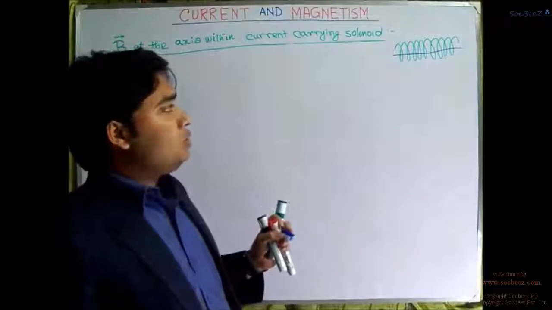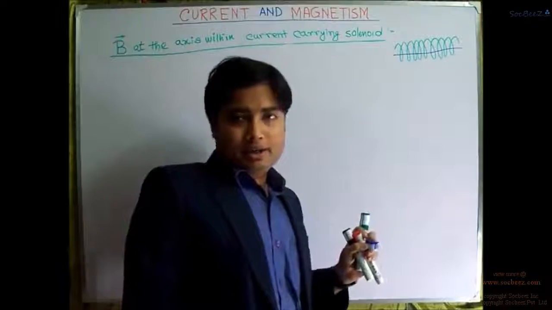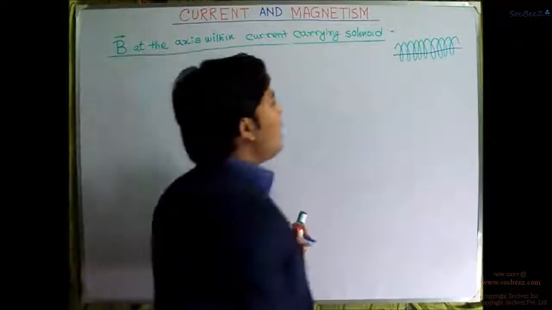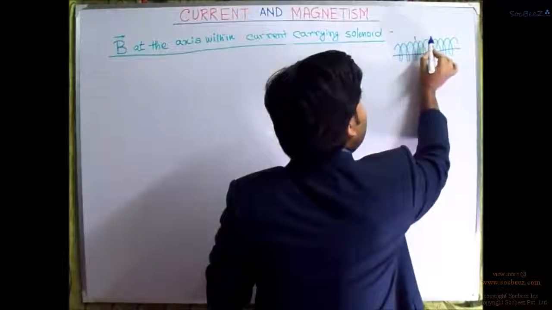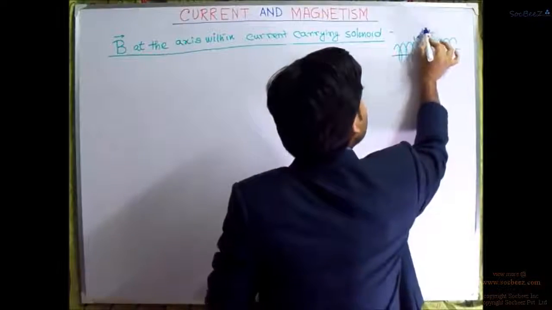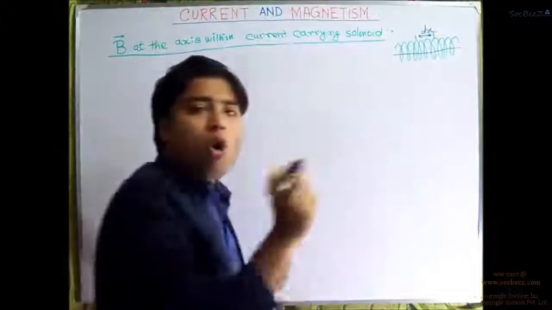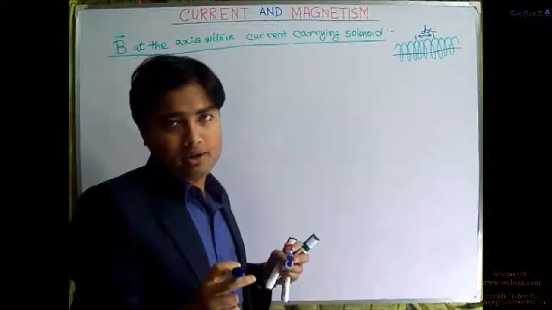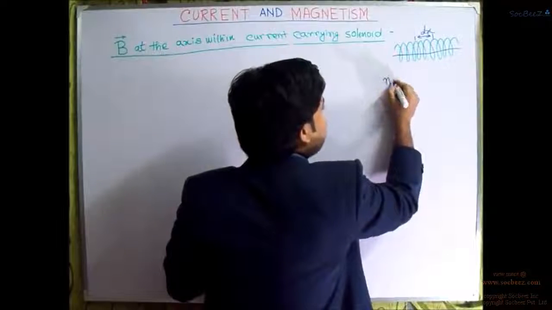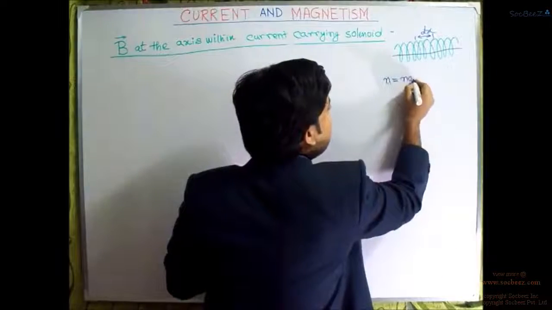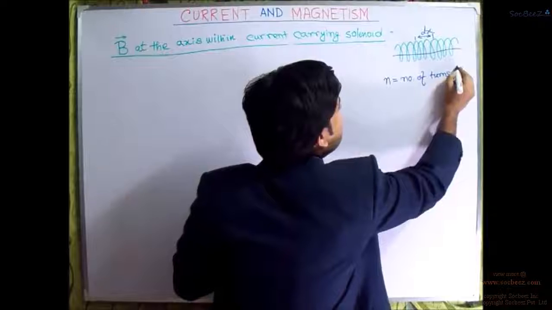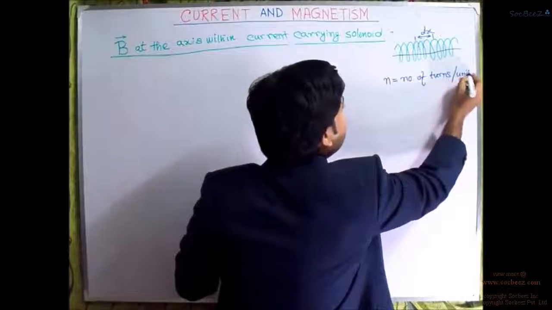Now, to find the magnitude of the magnetic field at any point, let us first take this small section, say dx, of the solenoid. Here n is equal to the number of turns per unit length.